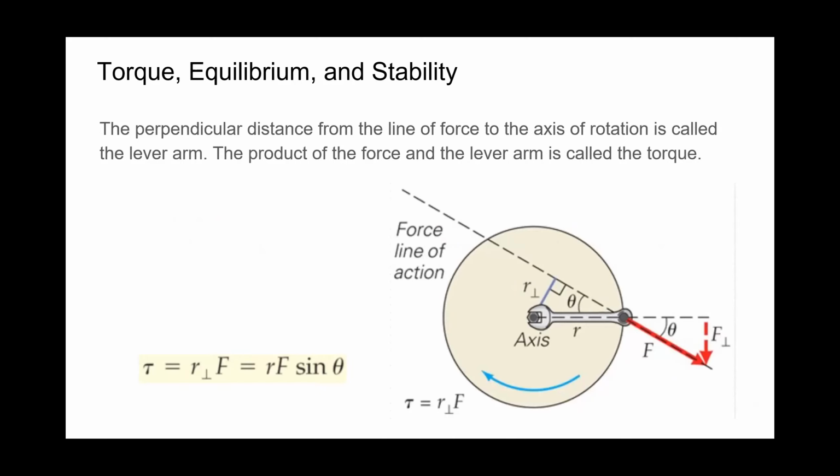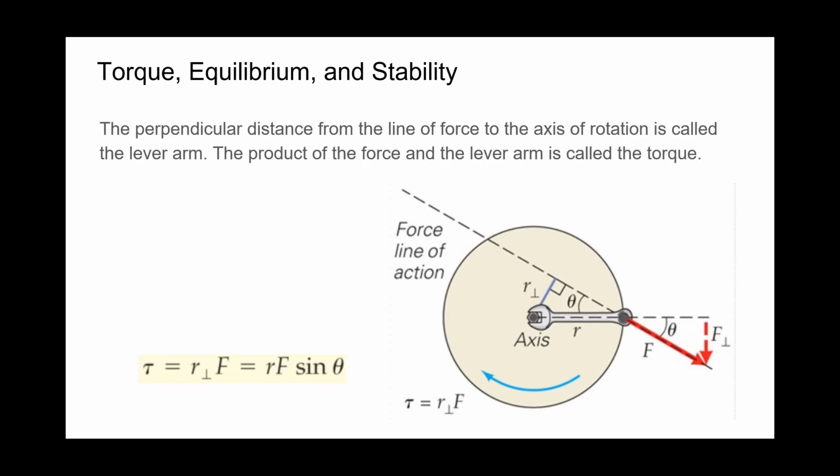The perpendicular distance from the line of force to the axis of rotation is called the lever arm. Then how do we calculate the torque? It's the product of the force and the lever arm.